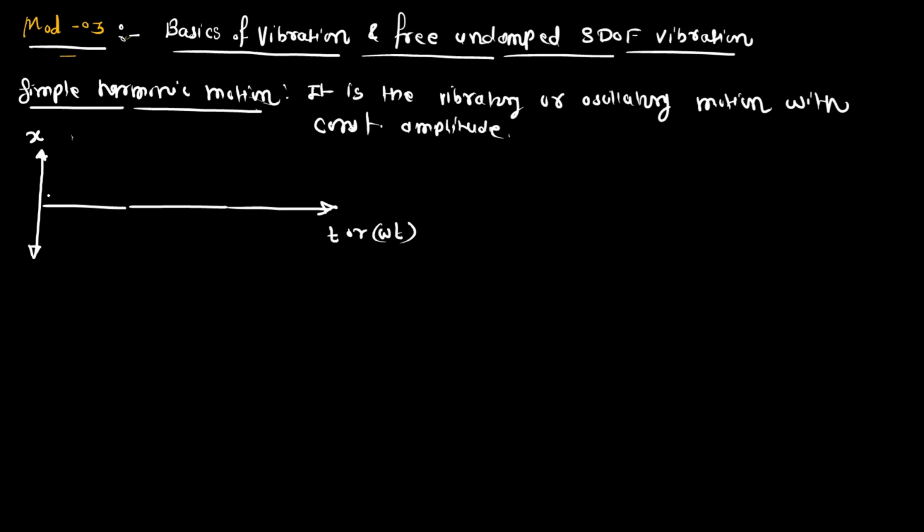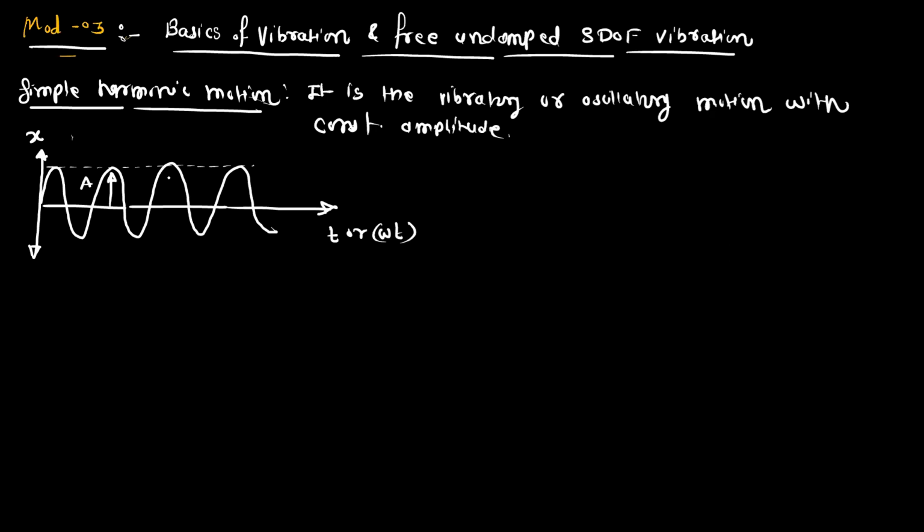You can observe the waveform like this. Here the maximum displacement is called the amplitude, this is the capital A. It remains constant throughout the time.